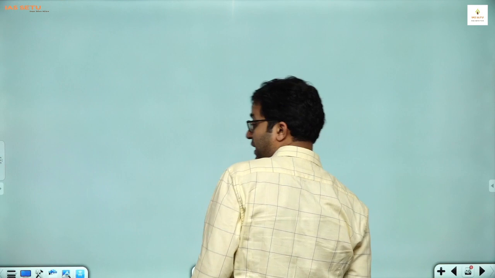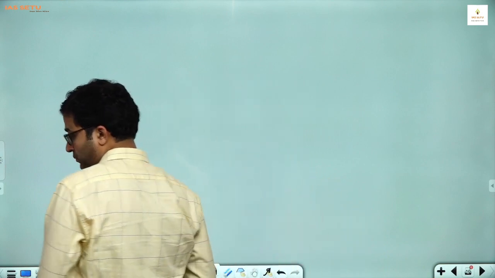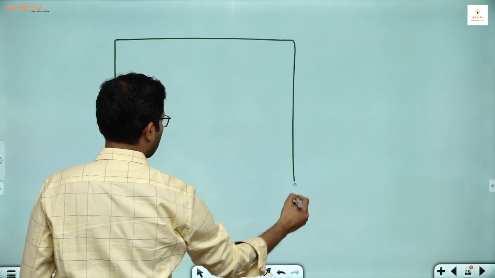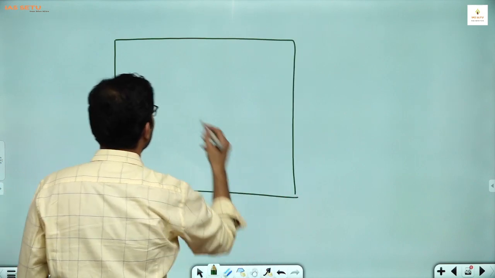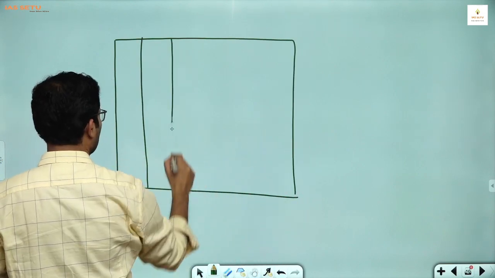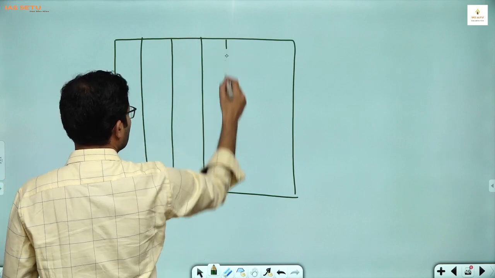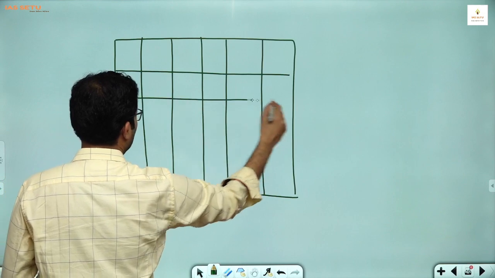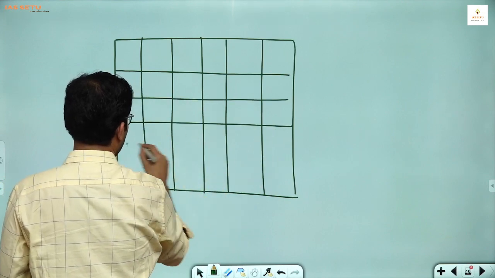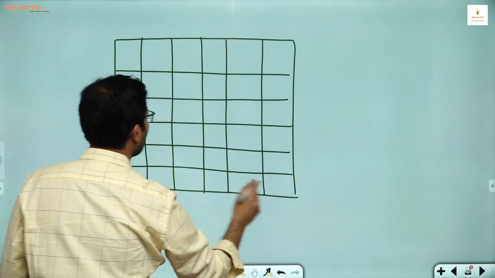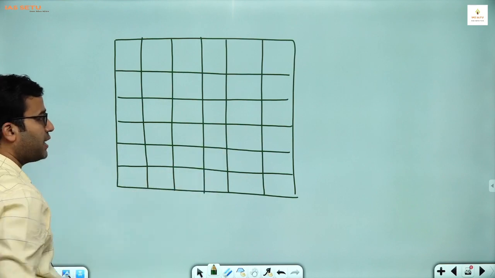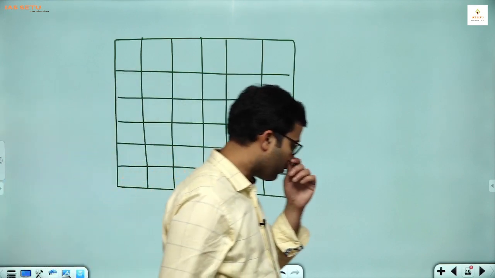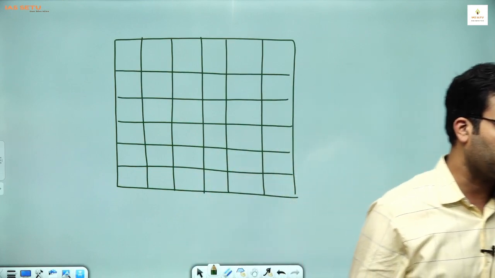Let me take one more question, then I take a type 2 question. Assume that these are squares. Diagram is not to scale. So here count the number of squares in the given diagram.